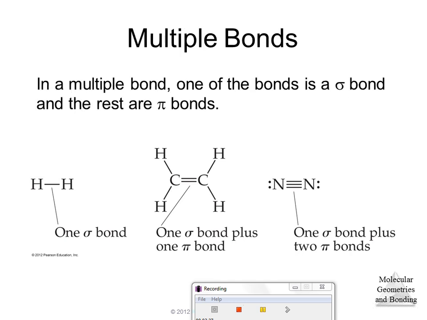In a multiple bond, there has to be 1 parallel overlap, or sigma overlap, and the rest has to be pi bonds. Talk about here in the middle picture that this has 1 sigma bond and 2 pi bonds that are above and below the axis. The triple bond of nitrogen has to have 1 sigma bond and 2 pi bonds to account for all of it.